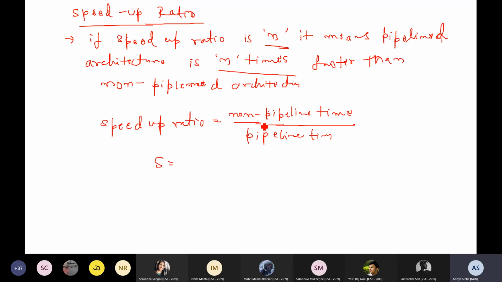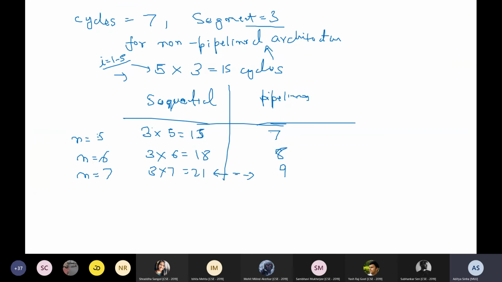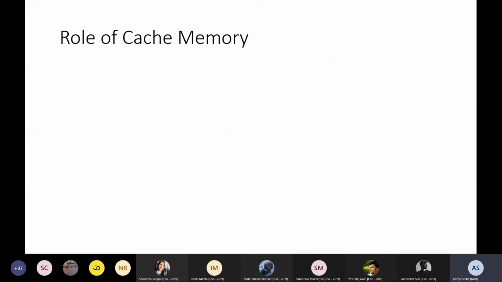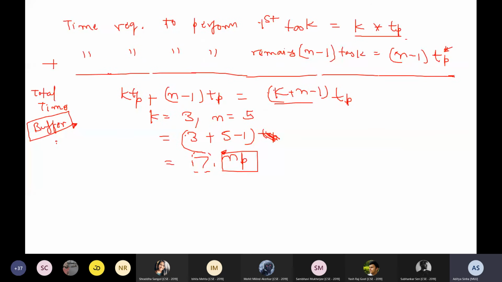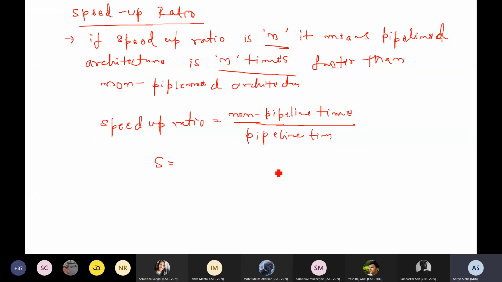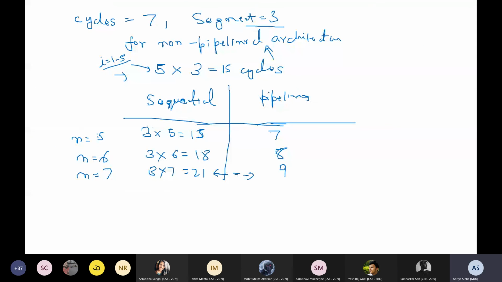If you remember, अपन ने यहाँ डिस्कस किया है. How much time? Anyone? In this example, we discussed when we are comparing it with sequential and pipeline. 15.